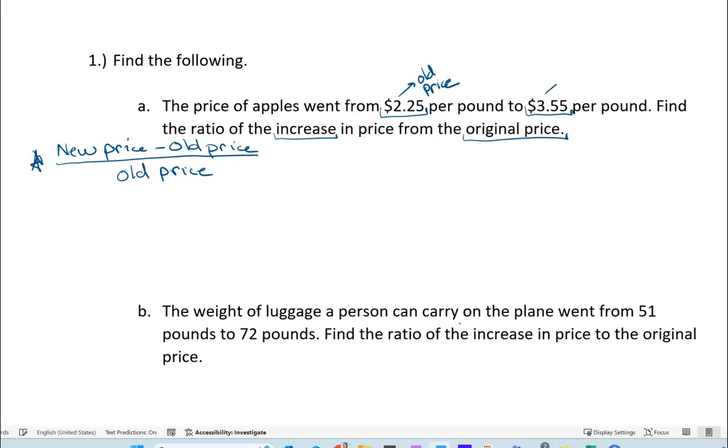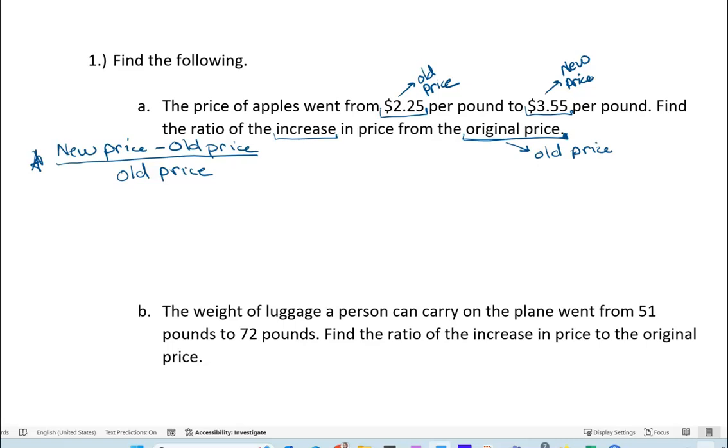And then the $3.55 is the new price. Now we also have a second usage for the original price because that's what we're comparing this change to. So we need to make sure to include it, and again, I'm just going to change the terminology here because of how I labeled what we're using on the left. Okay, so now it's just a matter of putting the information in.